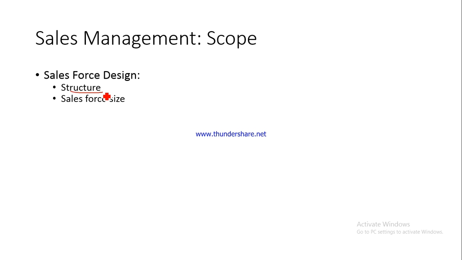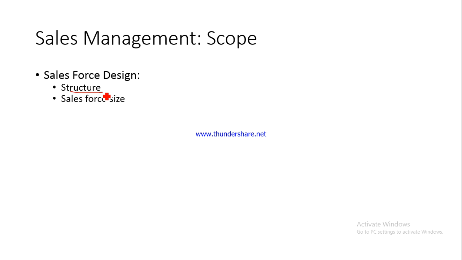So this would be called the customer based sales force structure. One group of salespersons is catering only to the retail customers. The other one is catering to the wholesale customers, the business buyers or the industrial buyers. And the third set is catering to the government sector, the buyers in the government. It could be the state government or the central government. For example, Maruti Suzuki has been selling some products to the Indian government also, to the defense forces also.